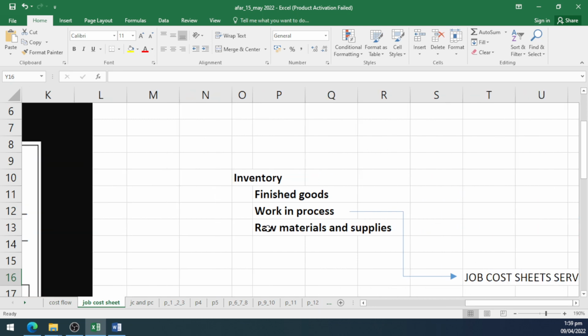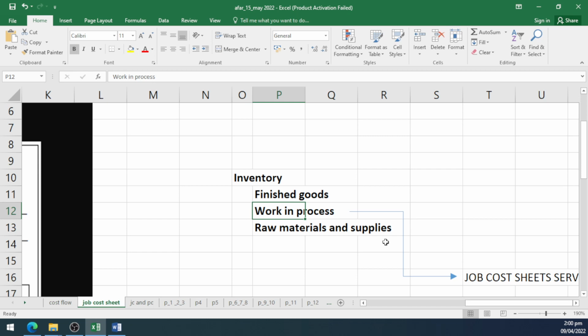Imagine niyo class yung financial statements. In the general ledger or in the financial statements, you can see inventory, for example, work in process. This is a general ledger account. And then the subsidiary ledger that will support that, of course, or subsidiary record is yung mga job cost sheets.